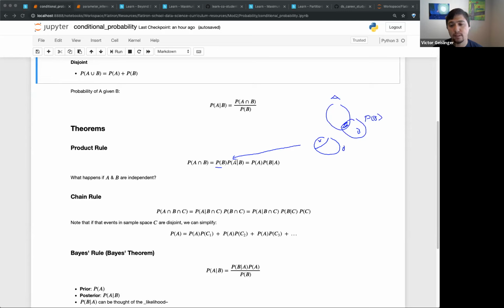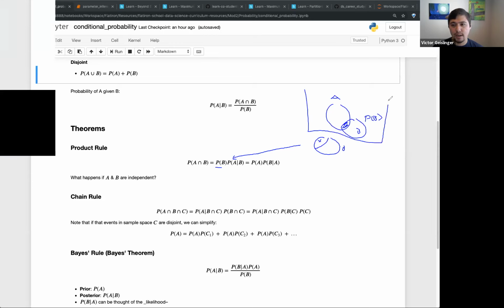That's what this is really saying. How likely is this to happen in the sample space of B? And then going out one further, probability of B: how likely is B to even happen in the whole sample space, so in this whole section right here.